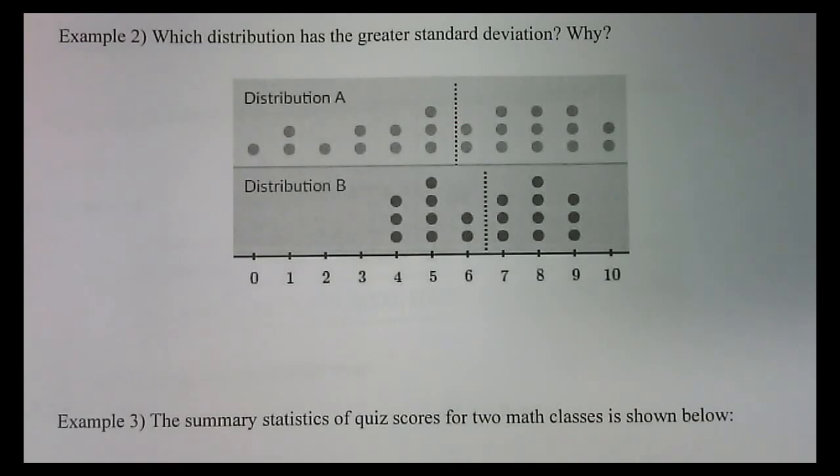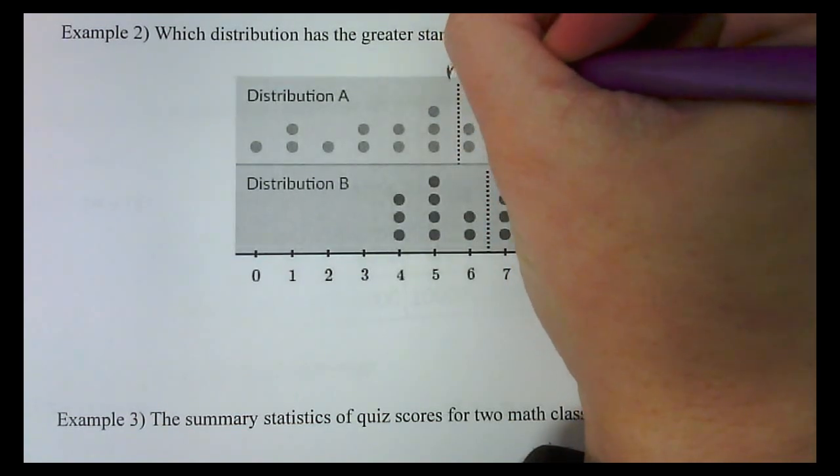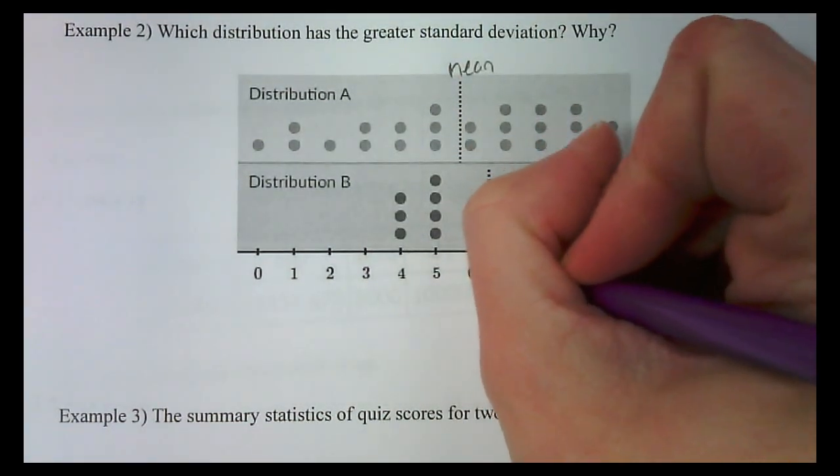All right, for example 2, it says which distribution has the greater standard deviation and why? So what we need to know is that this is showing us our mean.